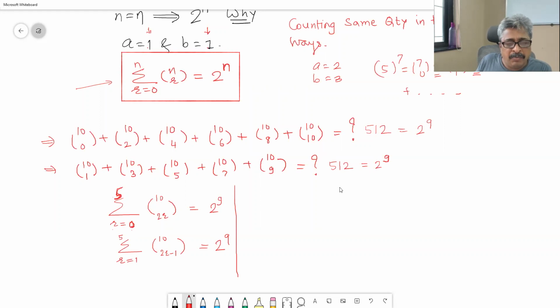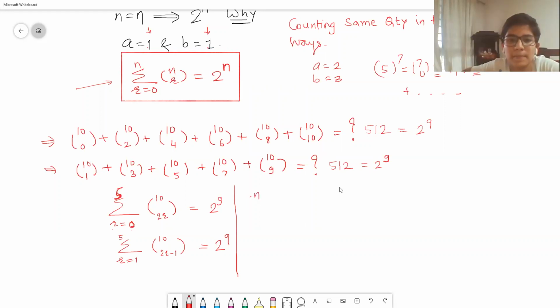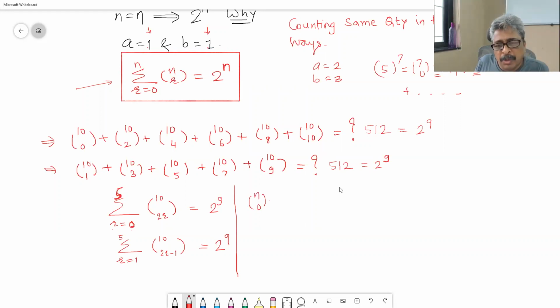Therefore, maybe we should find out n choose 0 minus n choose 1 plus n choose 2 minus n choose 3 plus dot dot dot plus or minus, we don't know, last term. Like this we should go, and the last term will be n choose n.